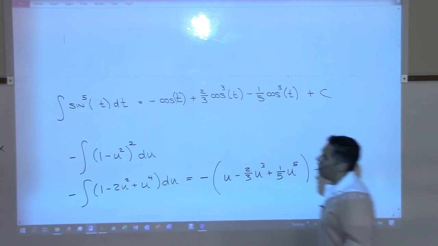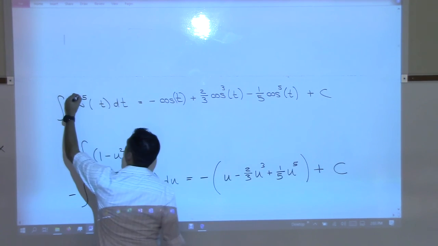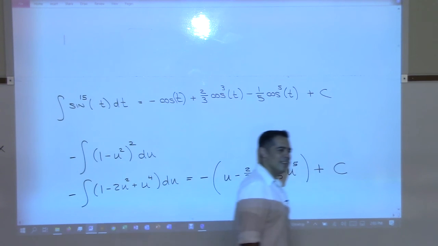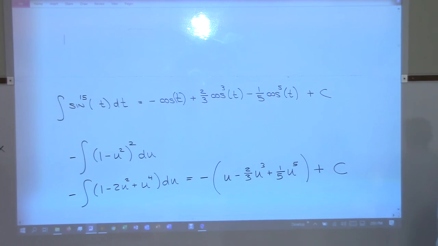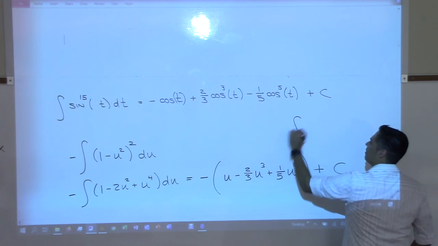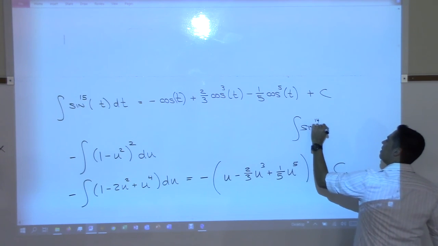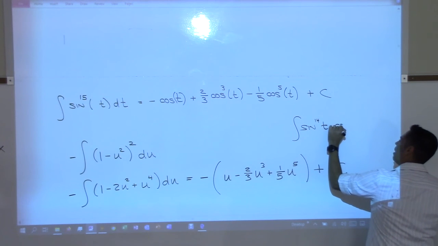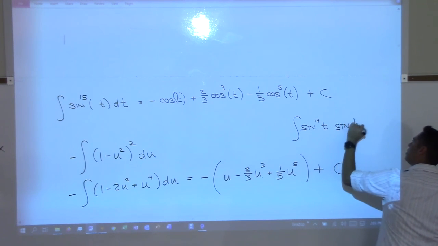So what happens then if you do something like to the 15th power? Then it starts getting really ugly, doesn't it? Because if you did that, you would have to do something like sine to the 14th t times sine t dt.